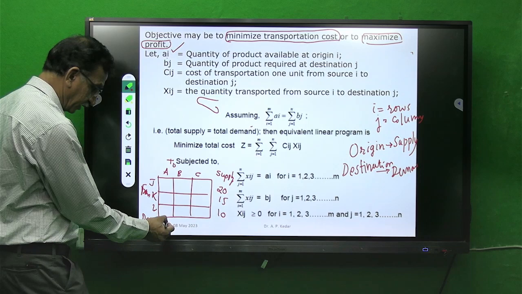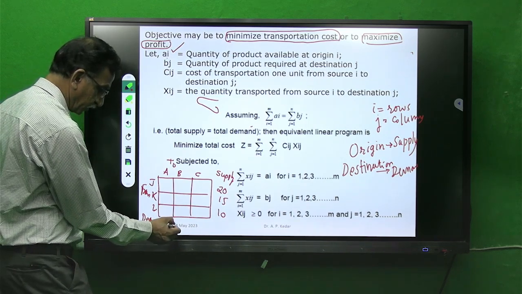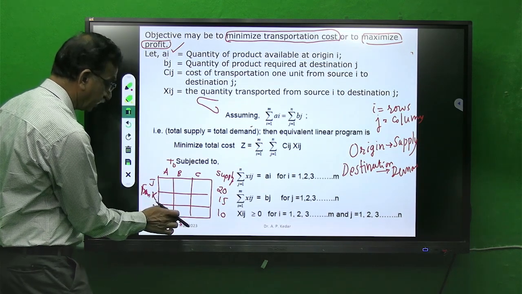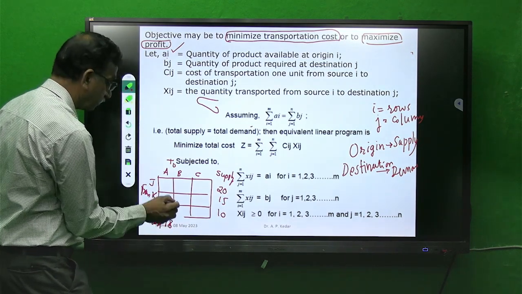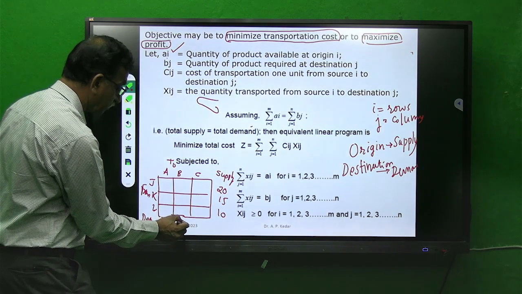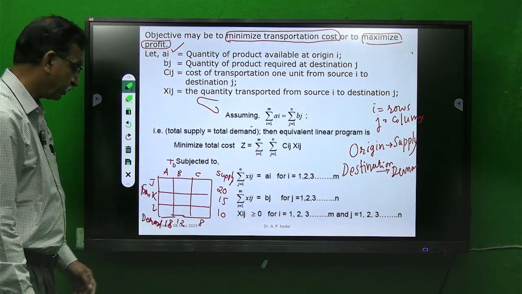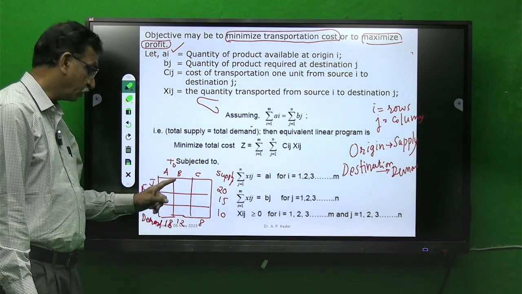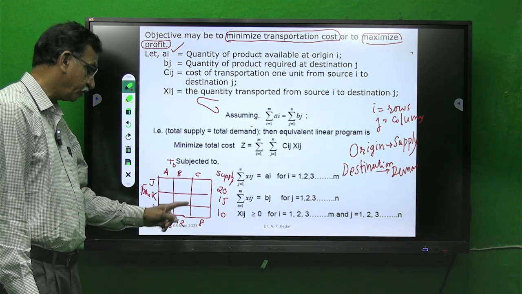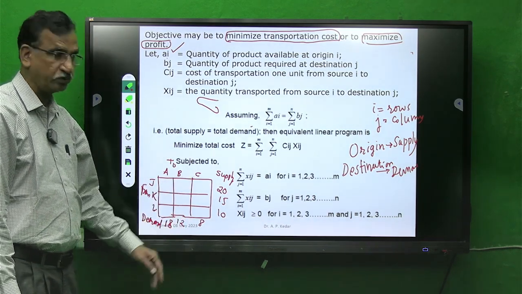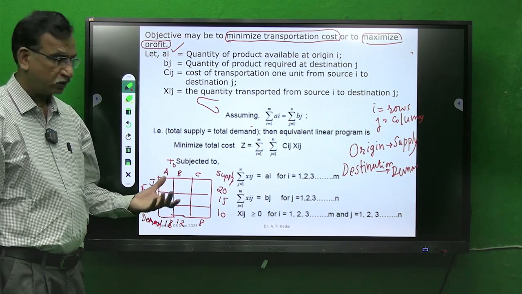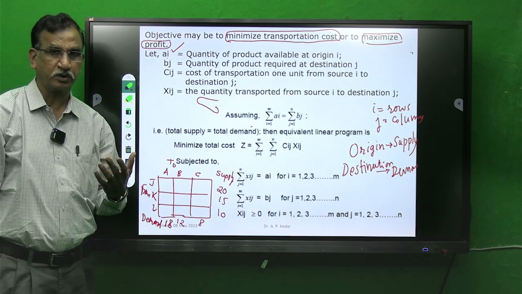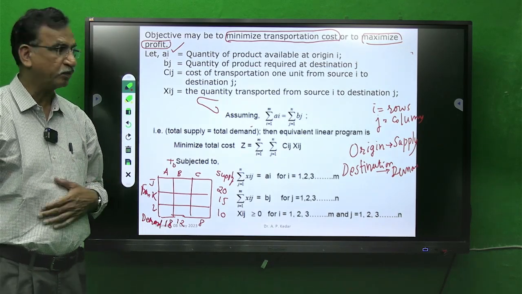Suppose arbitrarily I write 18, and here suppose we write 12, 8 like that. Means maximum requirement from city A is 18 units, maximum requirement from city B is 12 units, and maximum required from city C is 8 units. These are the supply and demand for this particular case, a hypothetical case which we are taking for understanding purposes.